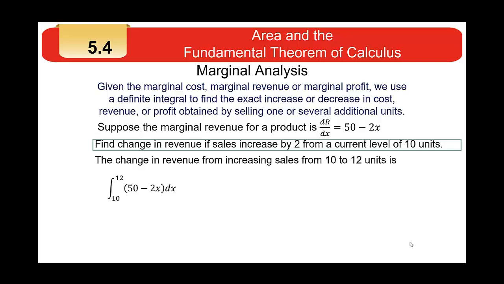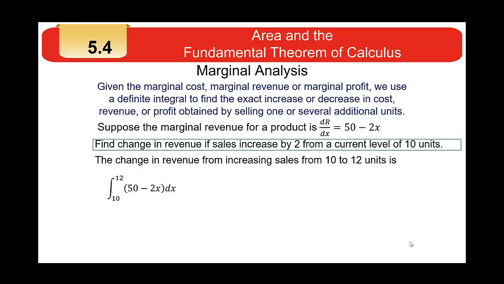Now, as it turns out, those two antiderivatives, those two integrals of that multi-term expression here are very easy. The integral of 50 is just 50x, because the derivative of 50x is just 50, and the integral of 2x is just x squared, because the derivative of x squared is 2x.